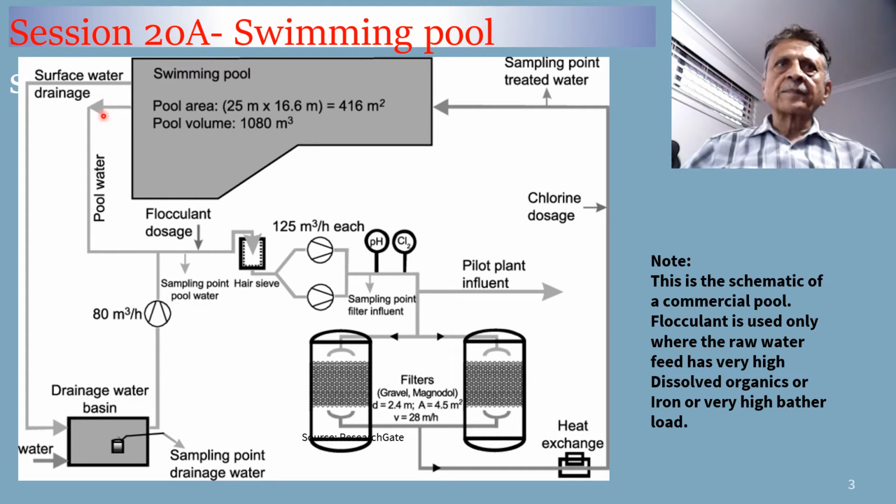So the pool water goes into the treatment area where you could have a flocculant added to remove any soluble organics, and a filter to filter off particles, hair, etc., and then back to the sand filters.